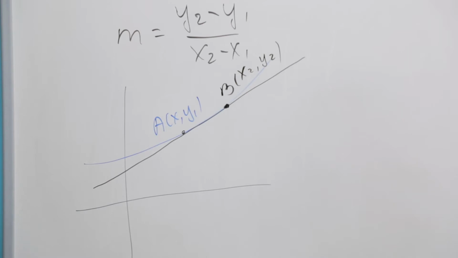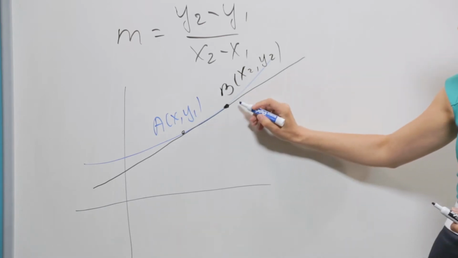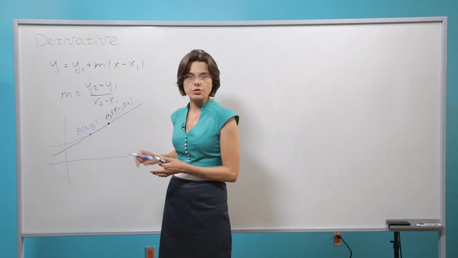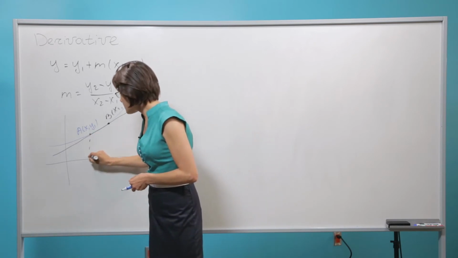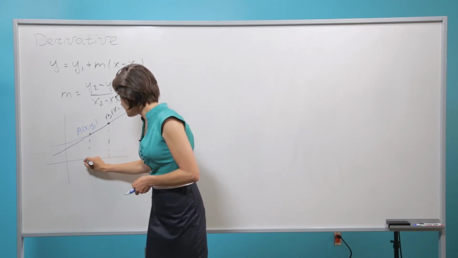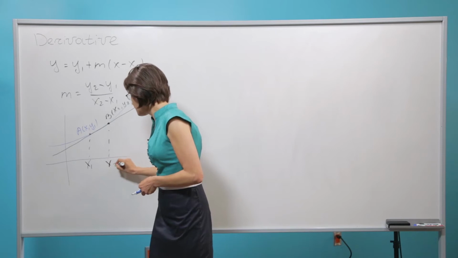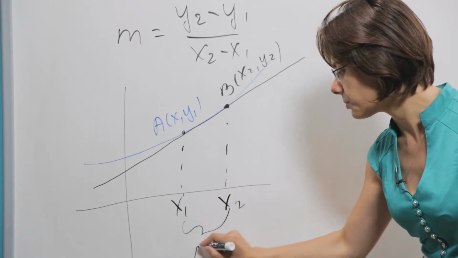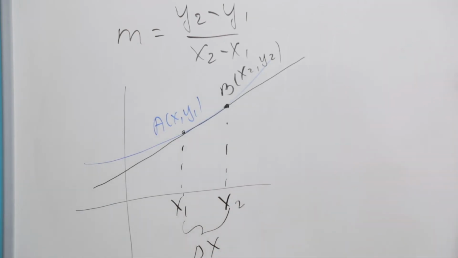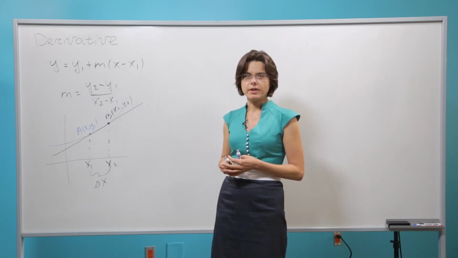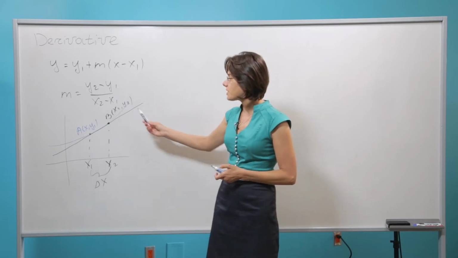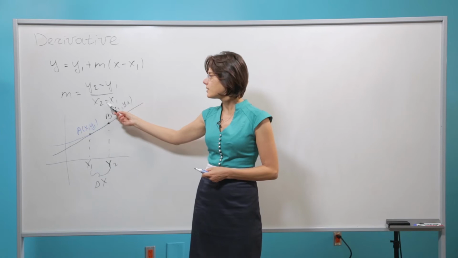Now, what if we take the coordinates of point B very, very close to the coordinates of point A? So close that the difference between x1 and x2 will be hardly noticeable. Delta x, something like 0.0001, very, very small. So the difference between x2 and x1 is very small.